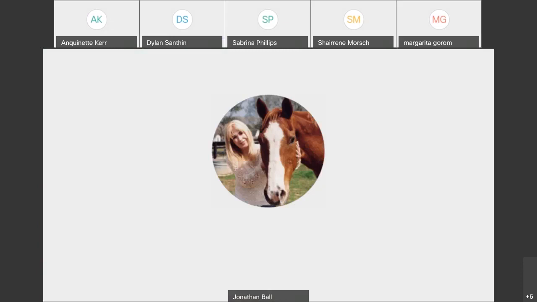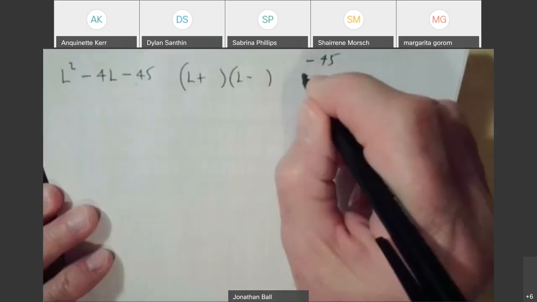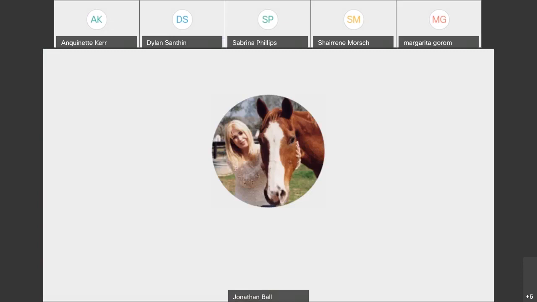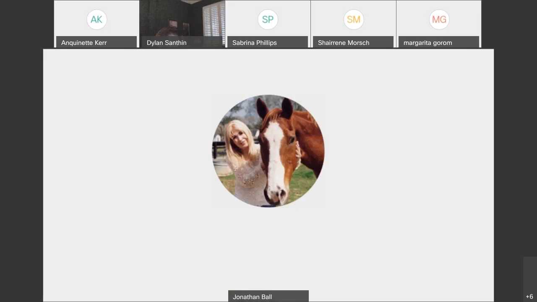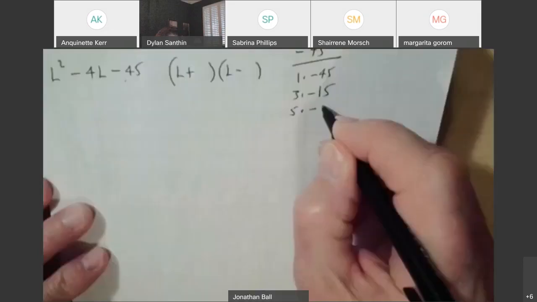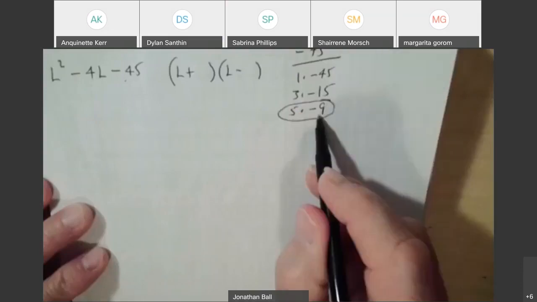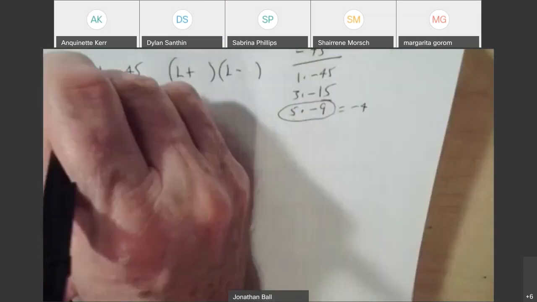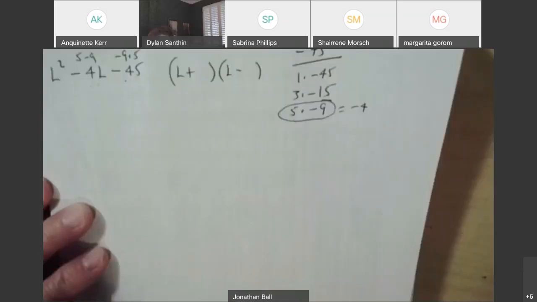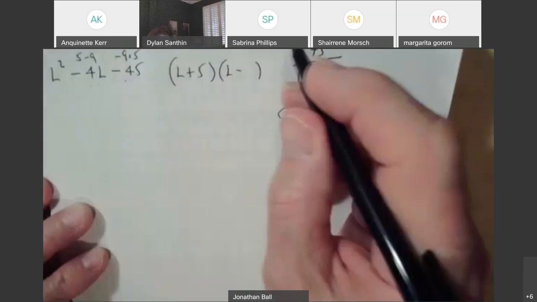Now we want the factors of -45 that combine together to give us -4. 1 times -45, 3 times -15, 5 times -9. 5 minus 9 is -4. That's what we want. We have 5 and -9.